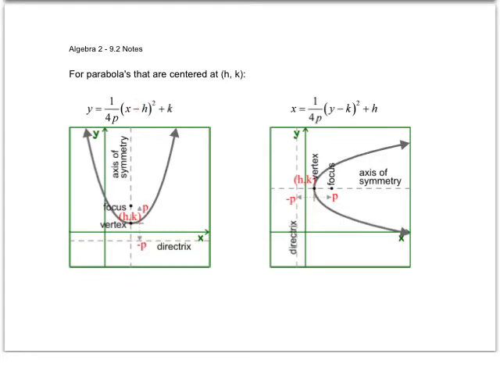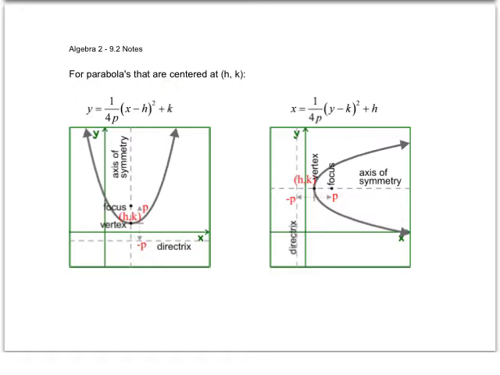And anytime I see something all by itself, I do exactly what it says. So this k over here is not in parentheses, so I do exactly what it says. This is going to be the y direction, and it just says move up in a positive direction k units. And so if I'm centered at some point (h, k), this is what my parabola equation will look like.